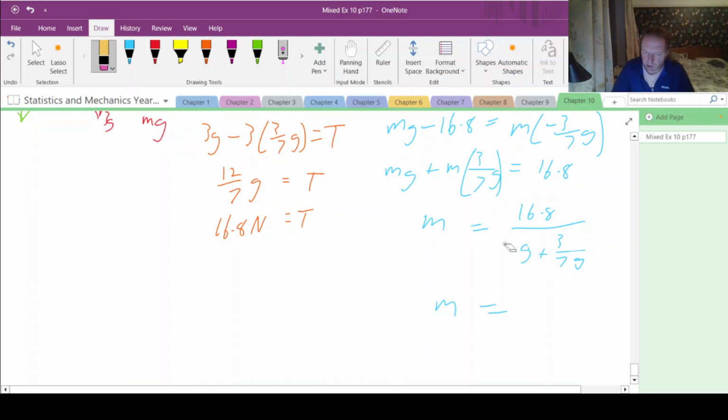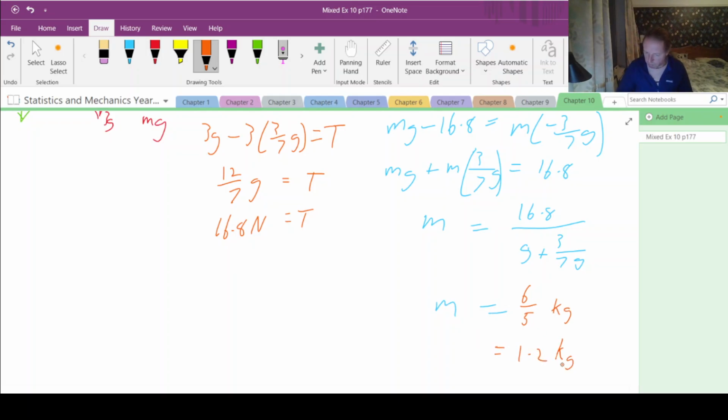I just brought the 3g/7 over and did it that way. 3 over 7 times 9.8. Okay, and that gives me 6 over 5 kilos, which of course is 1.2, which, going back to the original part of the question, is smaller than 3.